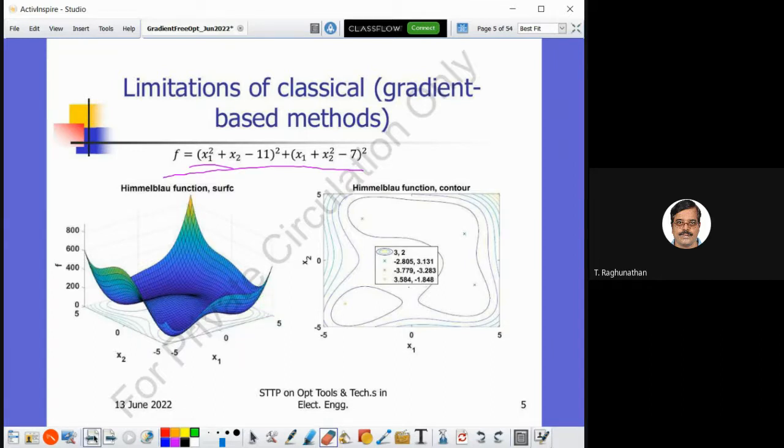In all those methods we discussed yesterday, if you leave the blind man here, if this is my starting point, he is going to find only this and say that this is the minimizer. If I leave him somewhere in this area, he is going to say that this is the minimizer.